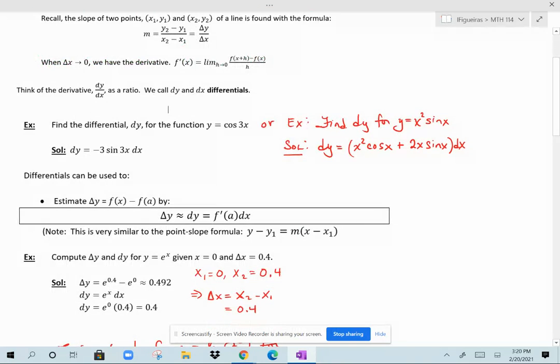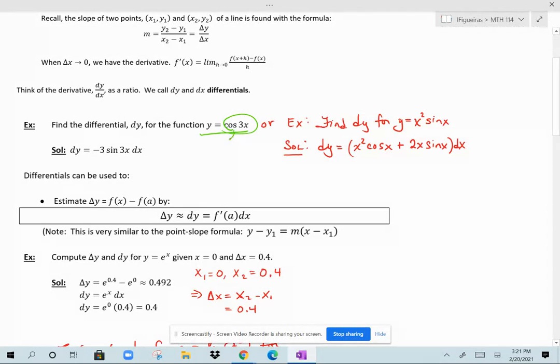First, a differential is computed the same way you compute derivatives, except instead of writing dy/dx on the left side, your dy will be on the left and the dx will be on the right along with your derivative. So for this first example, if I wanted to know what the differential dy is for y equal to cosine of 3x, I have to use chain rule on cosine of 3x.